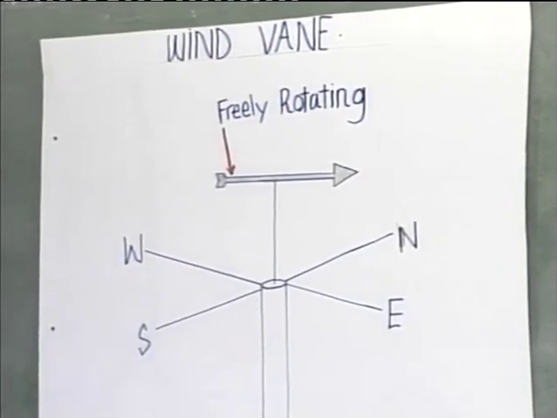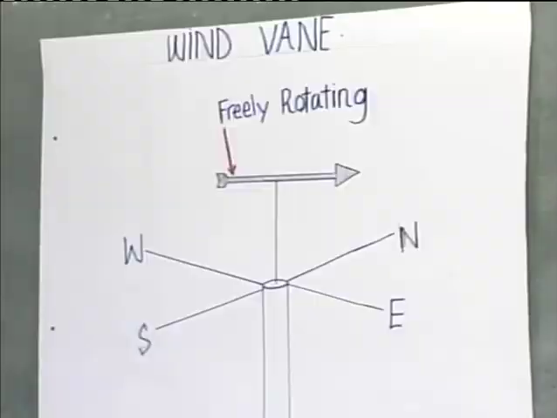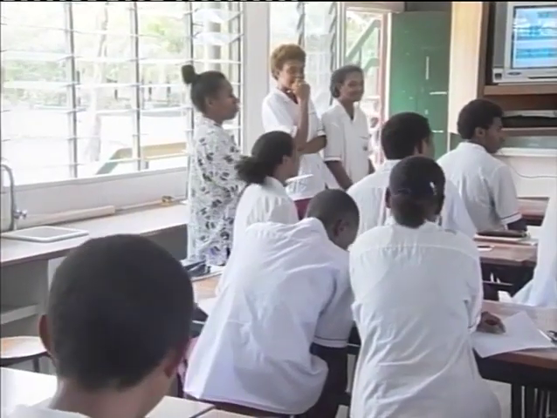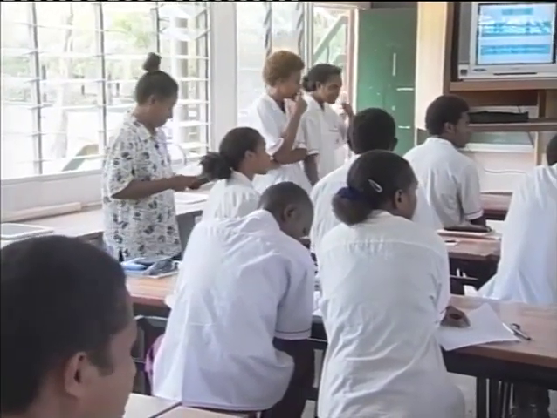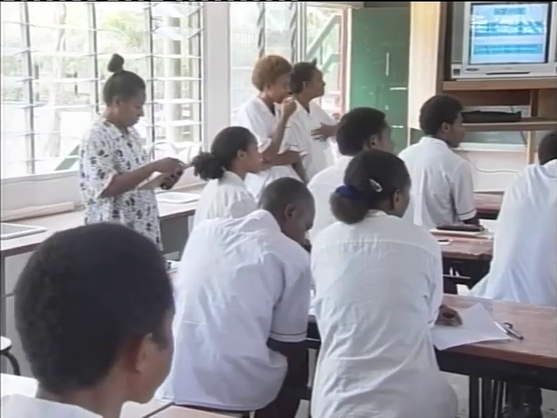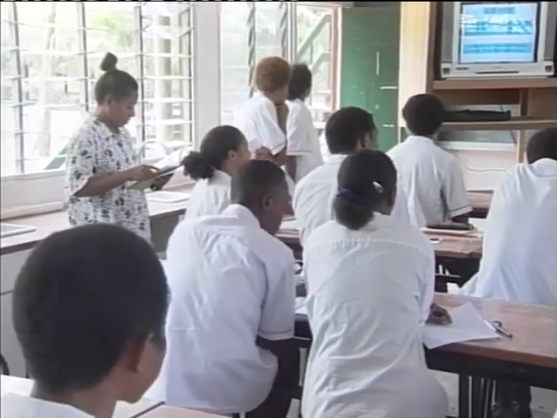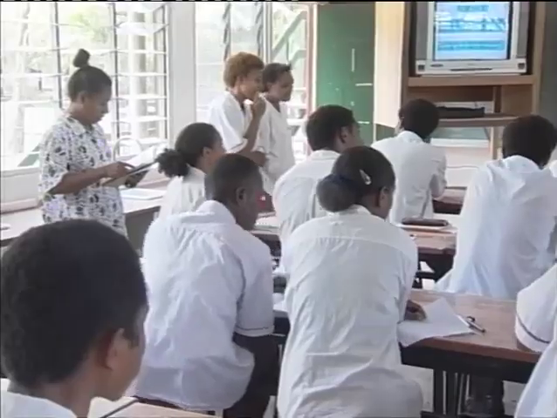Any other questions for that group? Okay, one more. Why isn't there the 16 points of the compass on the wind vane to get the exact reading?